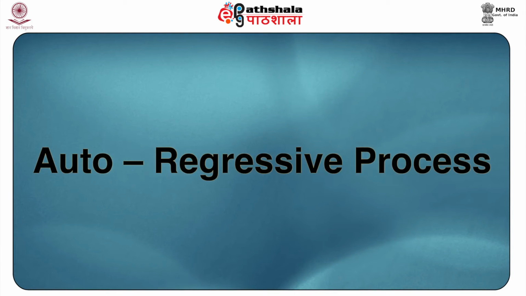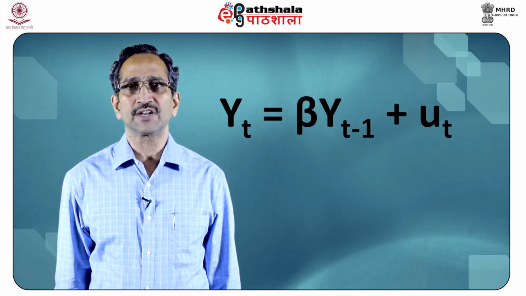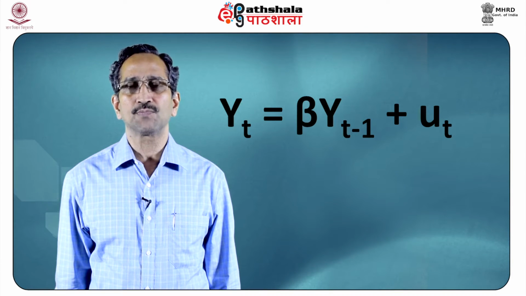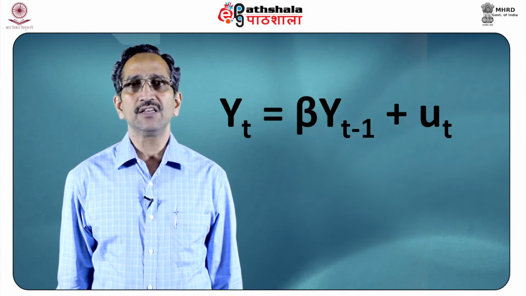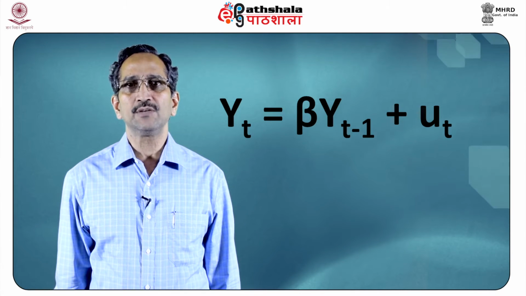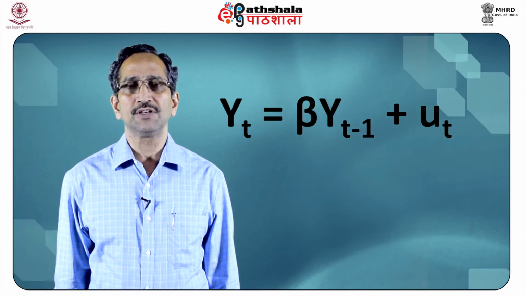Let's understand the autoregressive process and discuss it. The next type of process generating time series is the autoregressive process. Any series is said to be generated by an autoregressive process if it is defined as yt equal to beta yt minus 1 plus mu t.